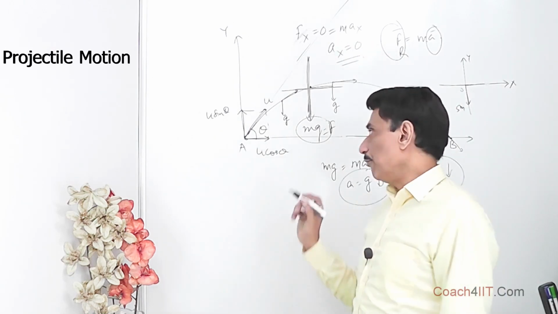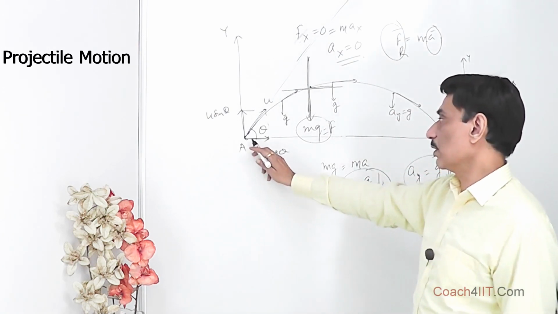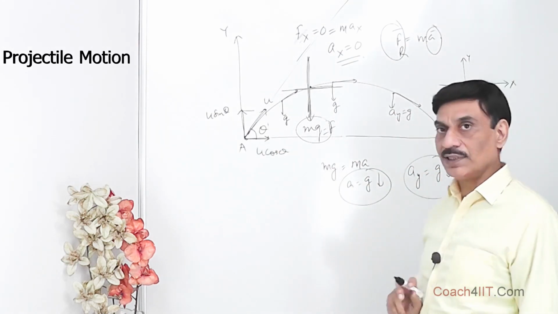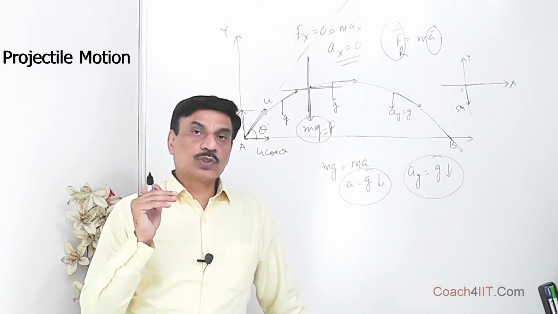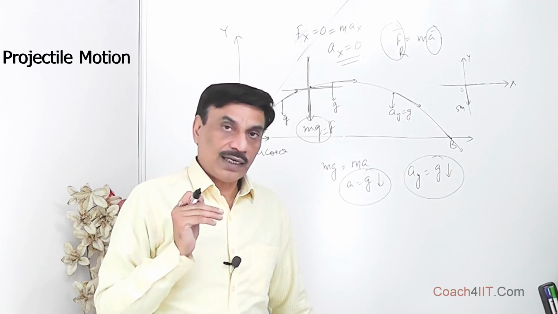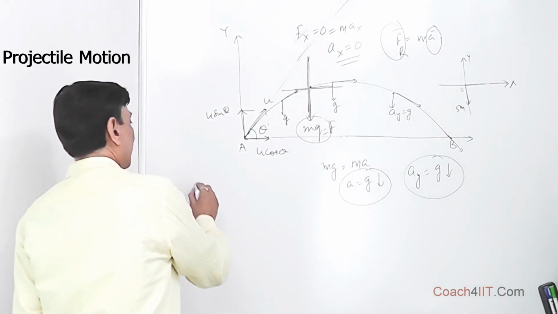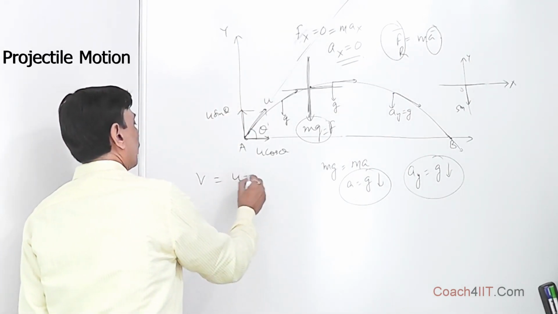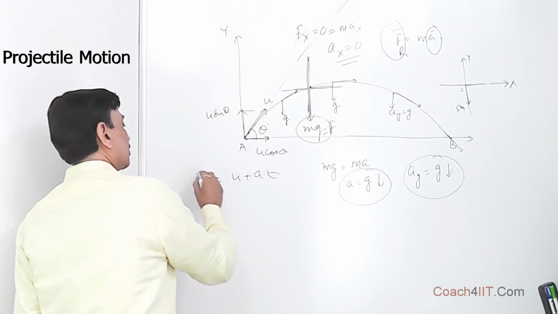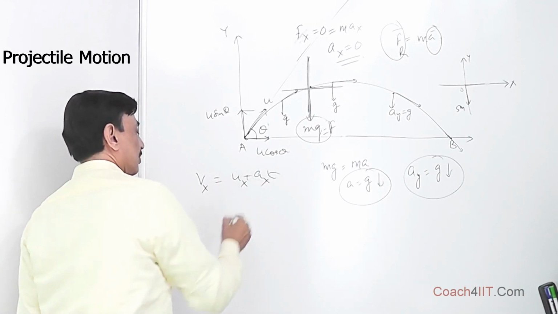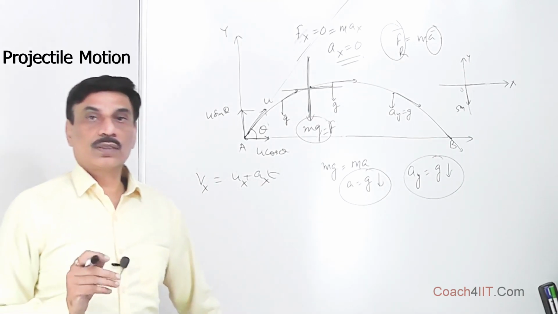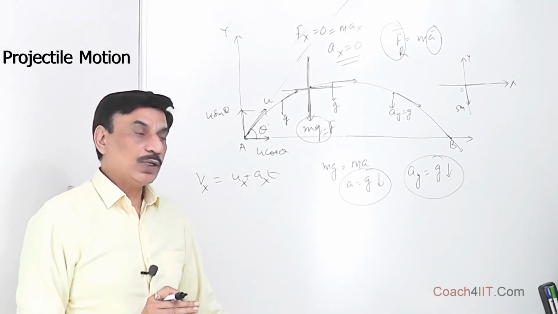It means the velocity component u cos theta will remain the same along the x-axis. This will not change because there is no force along the x-axis, there is no acceleration along the x-axis. And if we intend to apply equations of kinematics like v is equal to u plus at, final velocity is equal to initial velocity plus acceleration into time, we write it over here with x, so that we are not confused with the x components and y components.